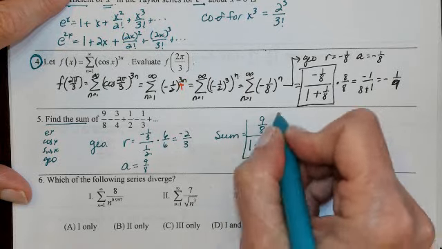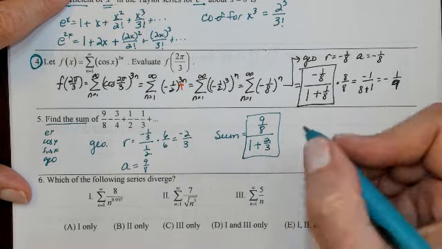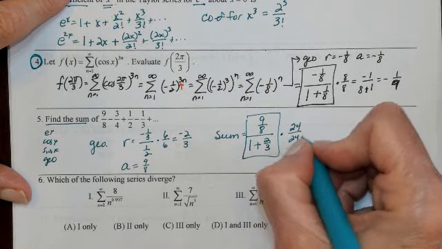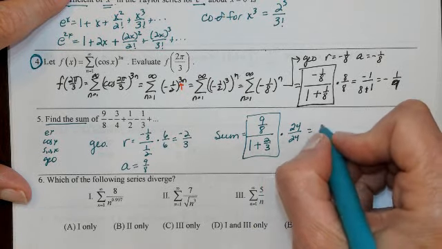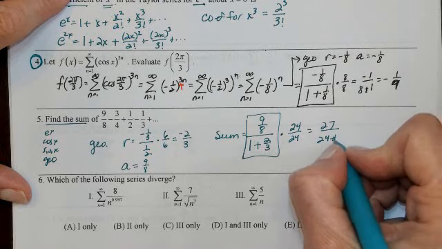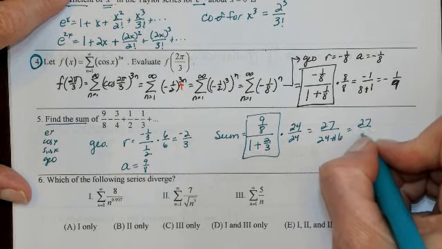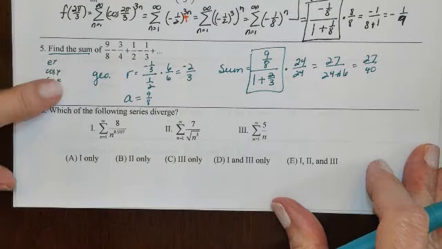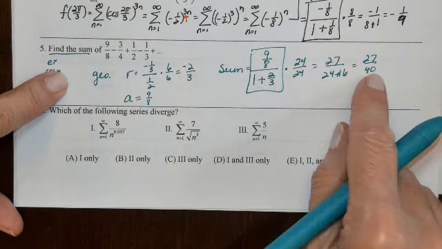That would be a safe stop. If it was multiple choice, which it won't be for your AP exam, I would multiply by 24 over 24, and I would get 27 over 24 plus 16, which is 27 over 40. Okay? When this was a multiple choice question, that was the answer.